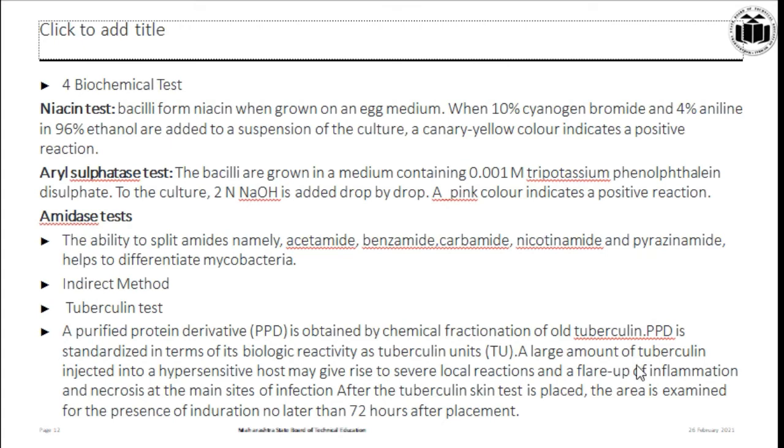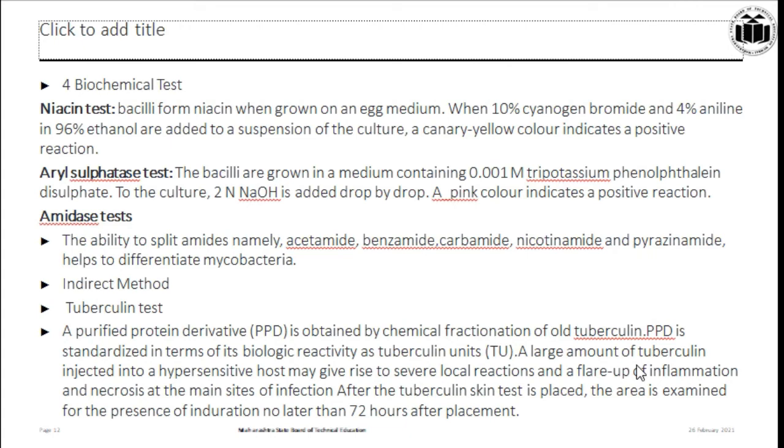In such a way you can also detect the Mycobacterium. For that you require the PPD, that is purified protein derivative of the Mycobacterium tuberculosis old culture, and this is injected into a hypersensitized person at several regions.